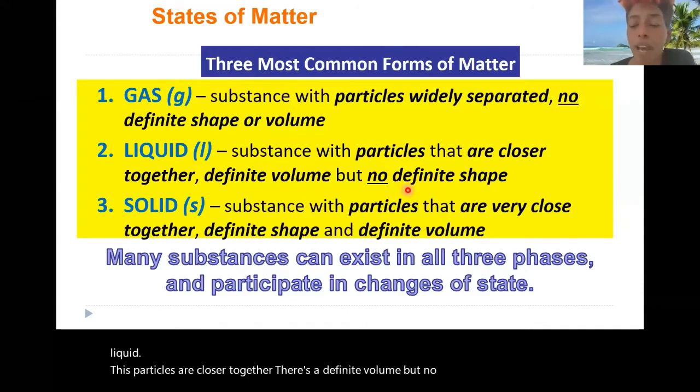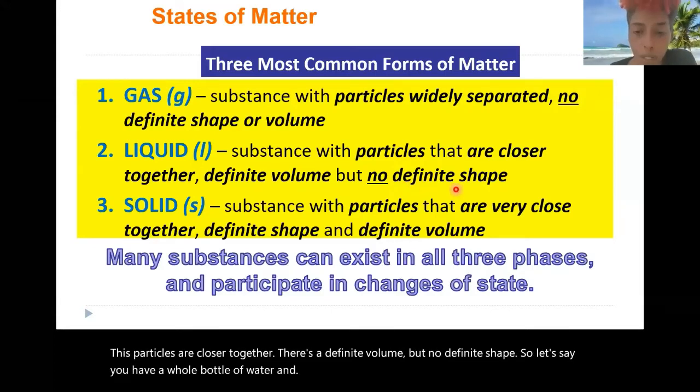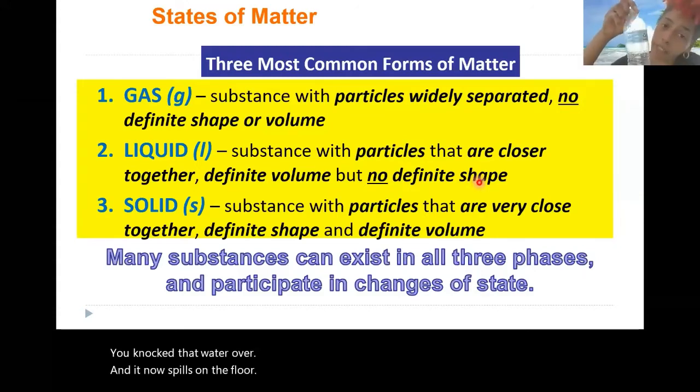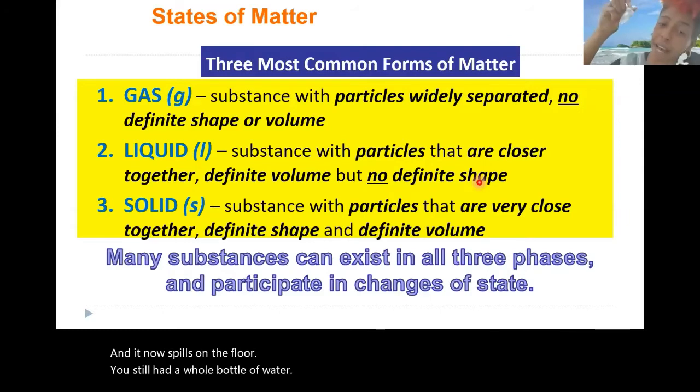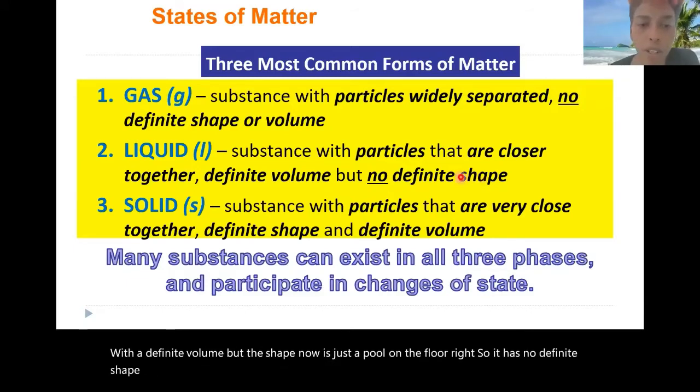So let's say you have a whole bottle of water and you knock that water over. It now spills on the floor. You still had a whole bottle of water with a definite volume, but the shape now is just a pool on the floor, right? So it has no definite shape. It takes the shape of its container.